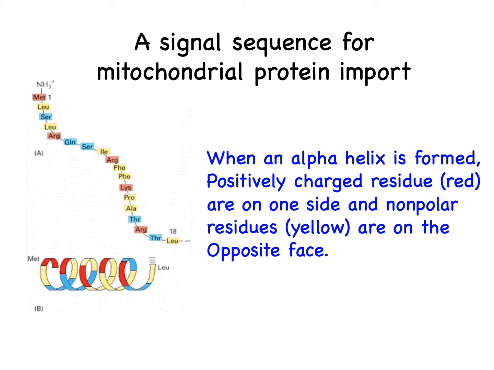In this case, the alpha helix formed by this protein puts a number of positively charged amino acids on one side of the helix. You can see that at the bottom in the coil here, shown as the red amino acids that all line up on the same side, with the yellow or nonpolar residues on the opposite side.